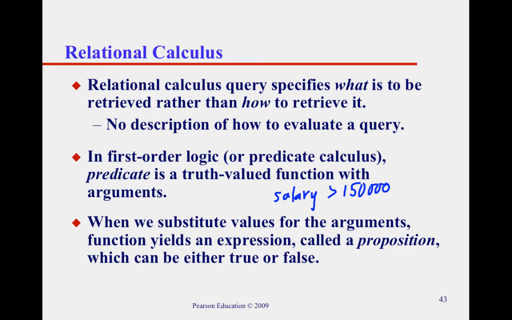So one employee's salary might be $80,000. So you plug it in, and once you've plugged it in, it's now called a proposition. So when we substitute values for the arguments, we get a proposition, which will evaluate to either true or false. In this case, it evaluates to what? False. Okay?